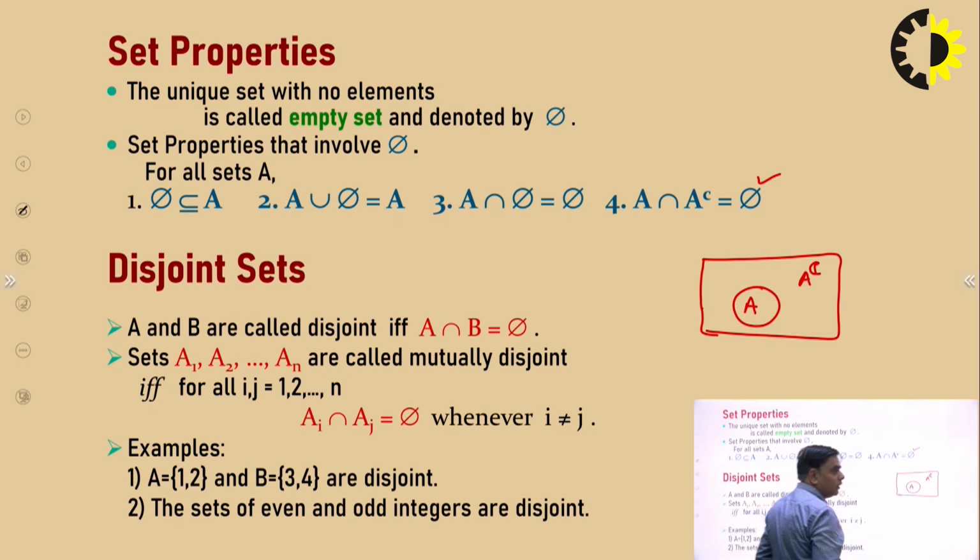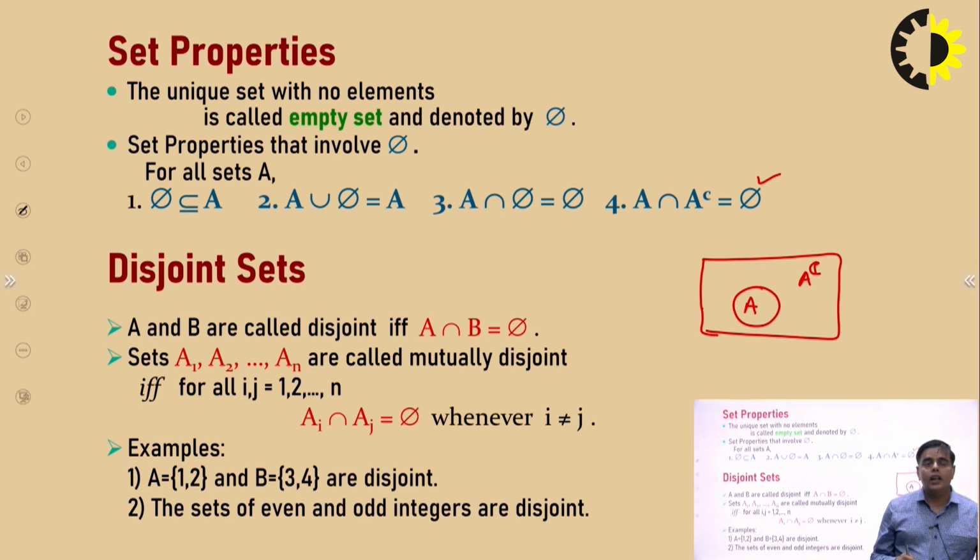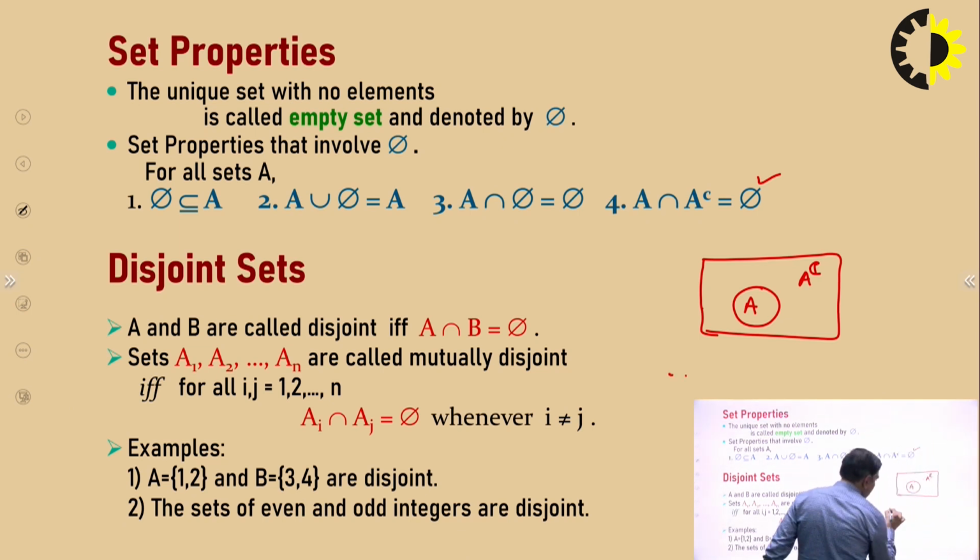Disjoint set: if there are different sets and there is no element in common between these two sets, then this is called a disjoint set. Suppose this is a set A, this is a set B, no element is common.